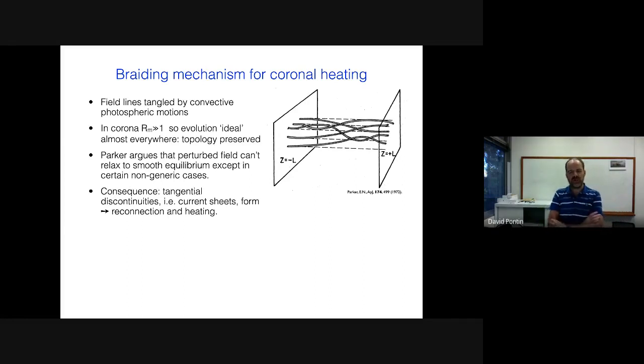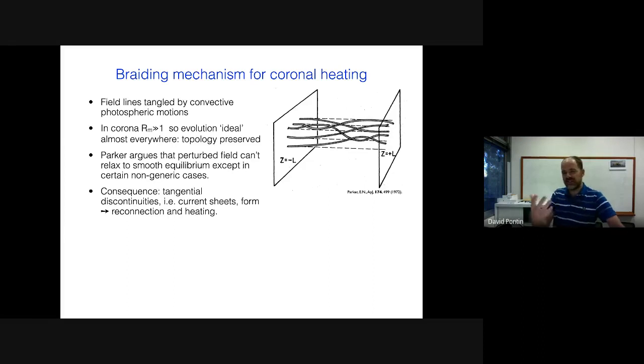That is, the topology is preserved. And so as the foot points of the field lines move around, they will tangle the field lines in the overlying corona around one another. And this tangling cannot in general be undone, or at least not easily.